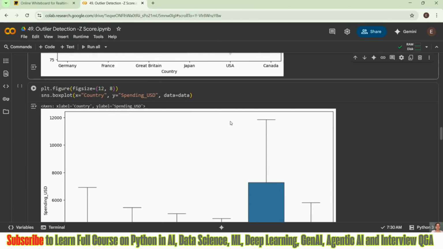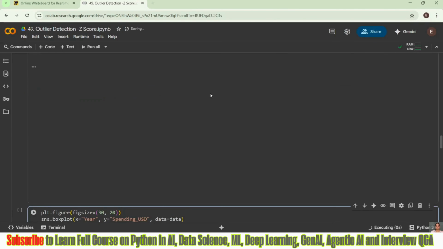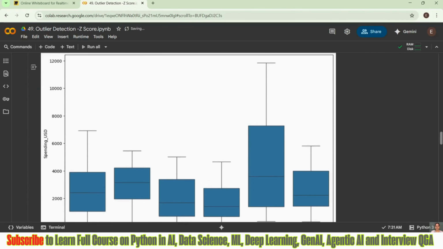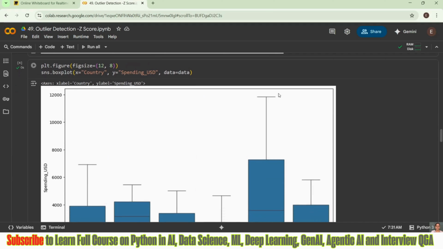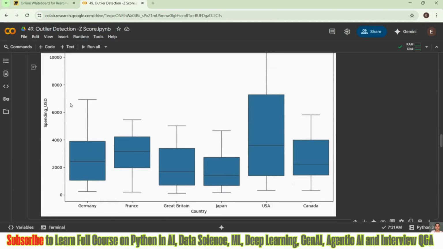And in this one I have taken a box plot. However, I am not able to detect anomalies here. But I can say that we are going to get some anomalies in the case of USA, because you can see all the other countries are coming in this range.